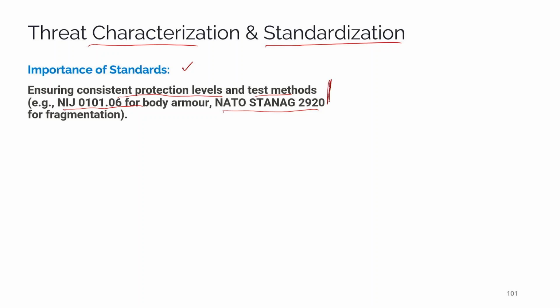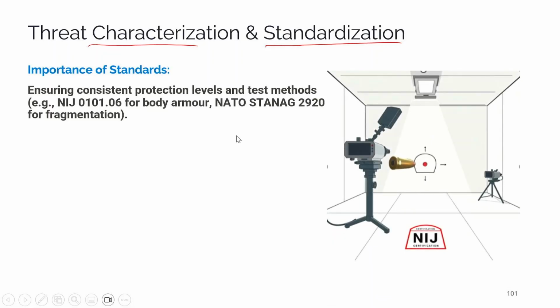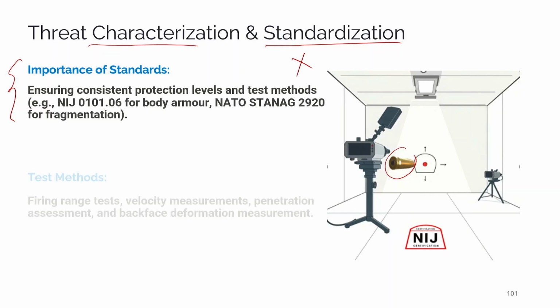So, these standards we have already discussed, but we have to follow these standards strictly. Stringent measurement will be there as per the standard, like the type of bullet, the distance, everything should be followed as per the standard. If there is any deviation, then we should not actually use that standard. So, stringent standards should be followed.